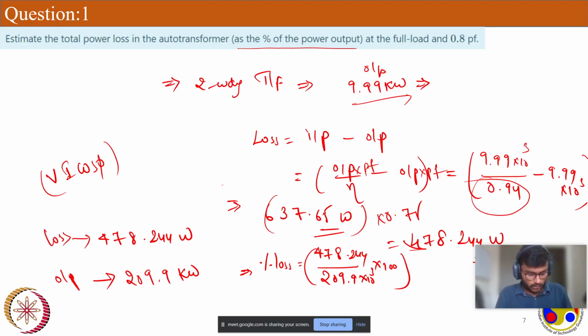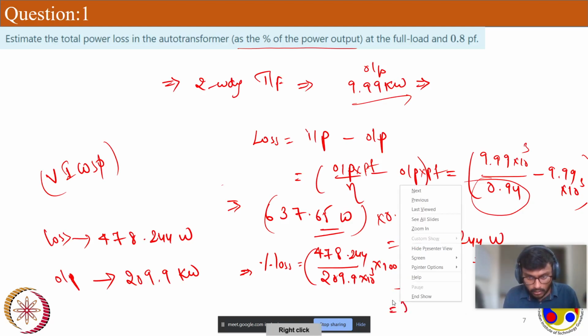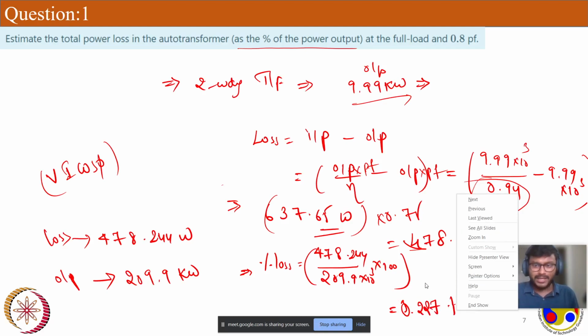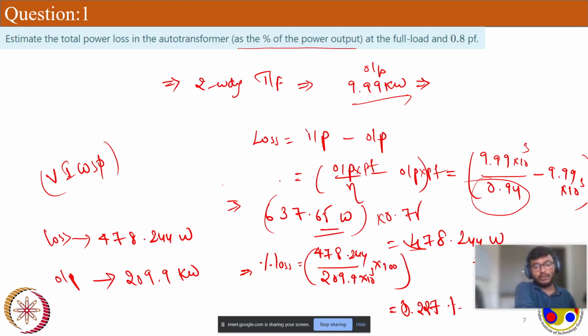The answer is 0.227 percent. So it's nothing but an extension to our auto transformer concept.